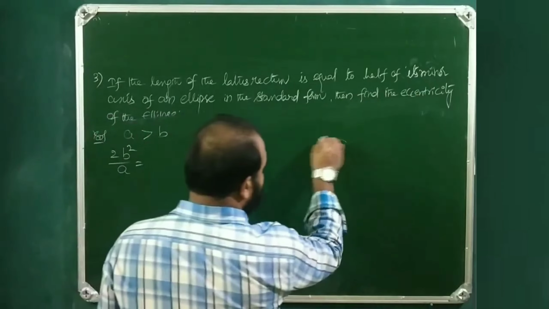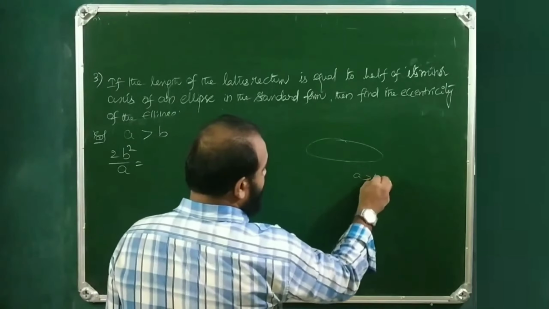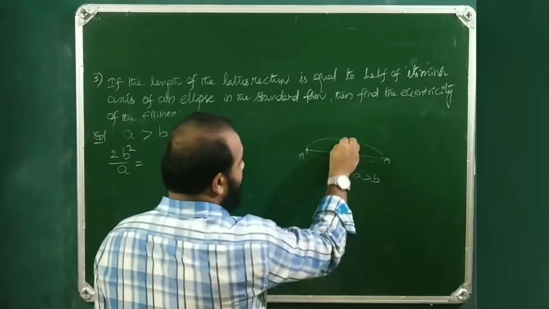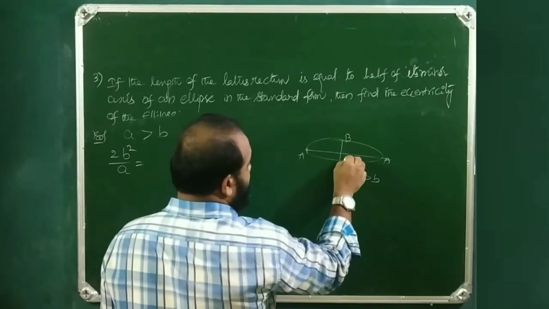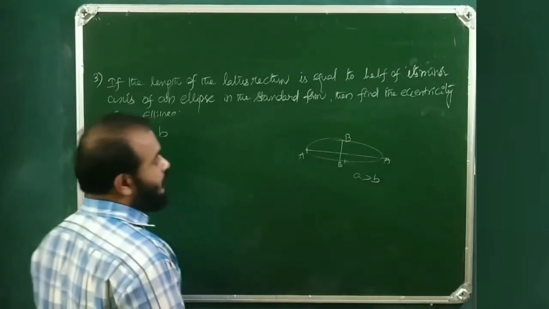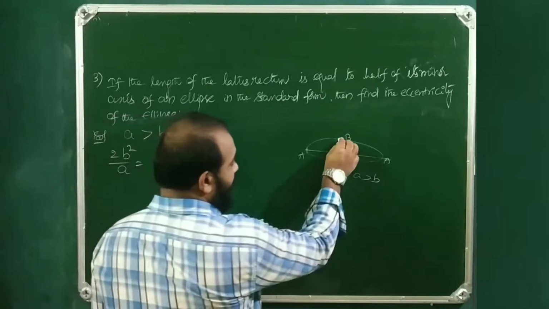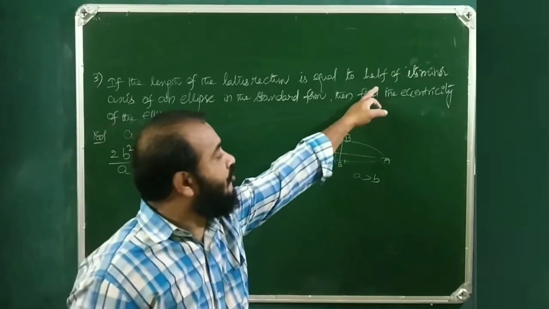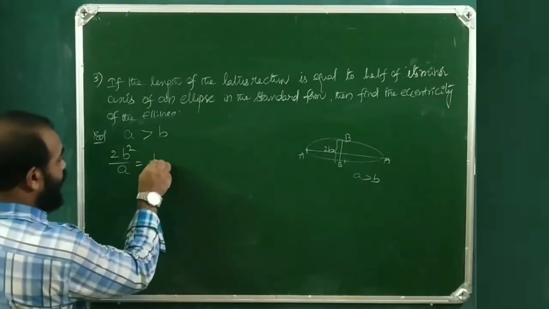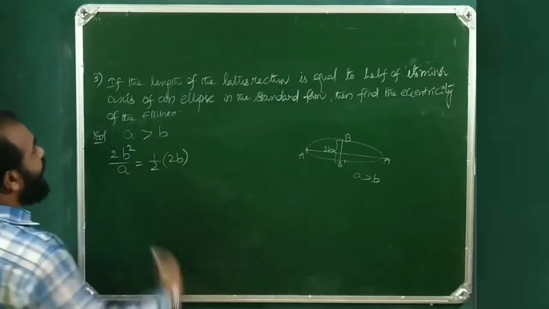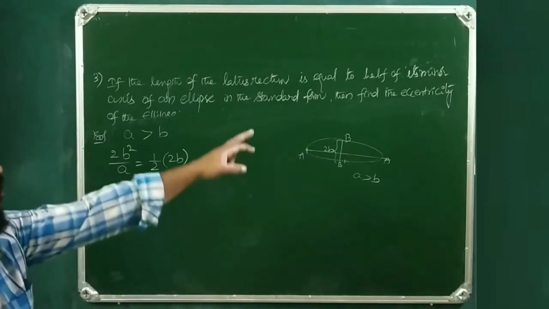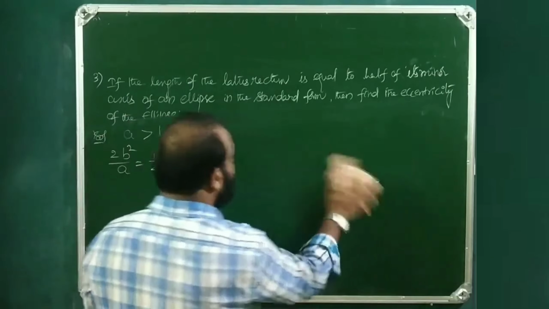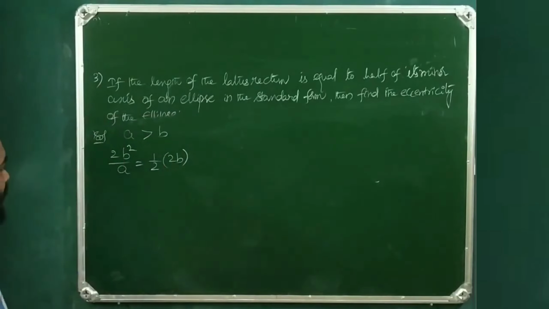For a greater than b, A A' is the major axis and B B' is the minor axis. The length of the minor axis is 2b, but half of its minor axis means 1 by 2 into 2b. This is the data that is given to us.